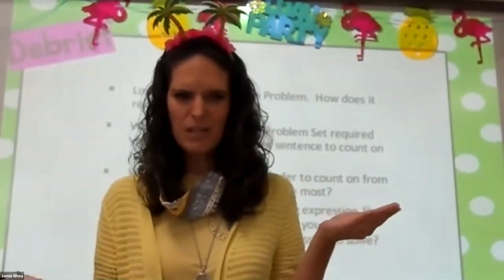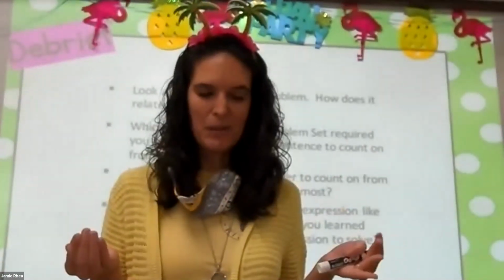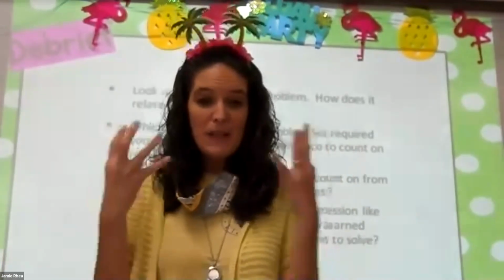Was it to put the smaller number in our head and count on the bigger number? Or was it to put the bigger number in our head and count on the smaller number? If you said to put the bigger number in our head and count on, then you would be correct, because putting that bigger number in our head makes counting on easier because there are not as many to count on.